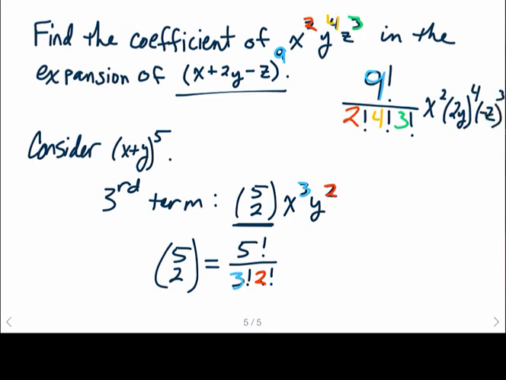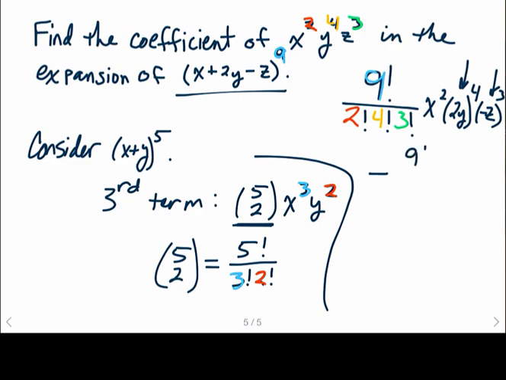Now we weren't asked for the term, we were only asked for the coefficient, but we have to take into account the number, and in this case, the sign. So we have to take into account the 2 in 2y and the negative in negative z. So the coefficient is going to be negative because negative z has an odd exponent.